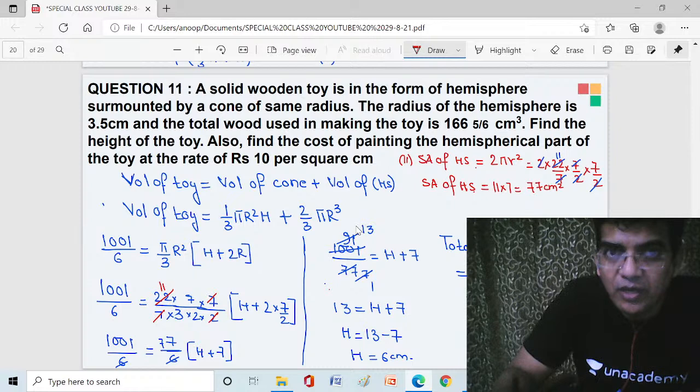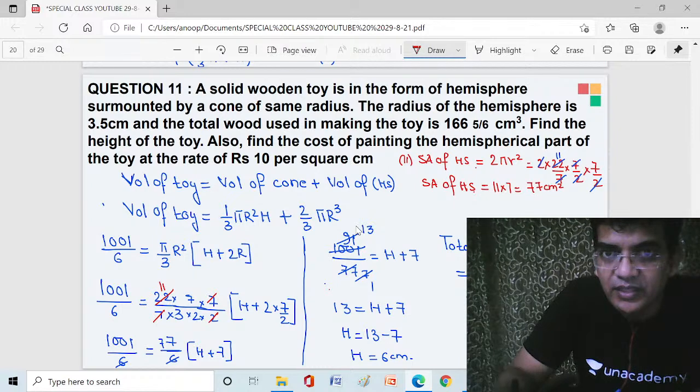Now we have to find the cost of painting it. The cost of painting. So how will it be done? To find the cost of painting, area multiplied by the rate. We will multiply rate and area.